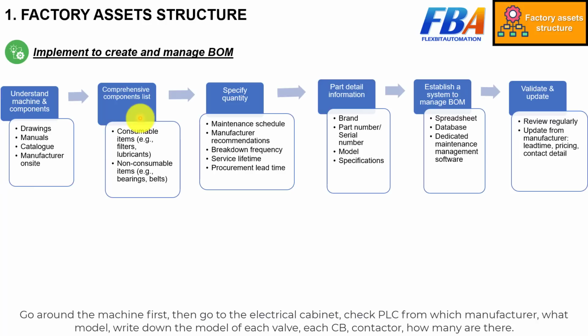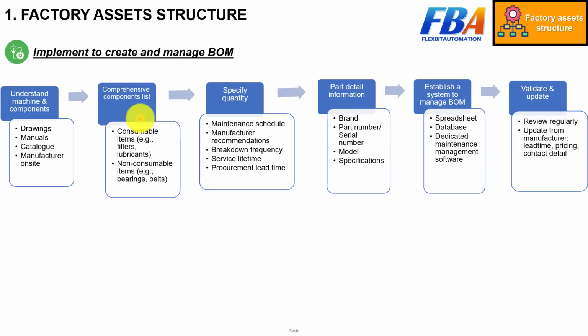Check the PLC, which manufacturer and which model, and write down the model of each valve, each CB, each contactor, and how many there are, including the electrical cabinet cooling device, the electrical cabinet cooling filters, etc.